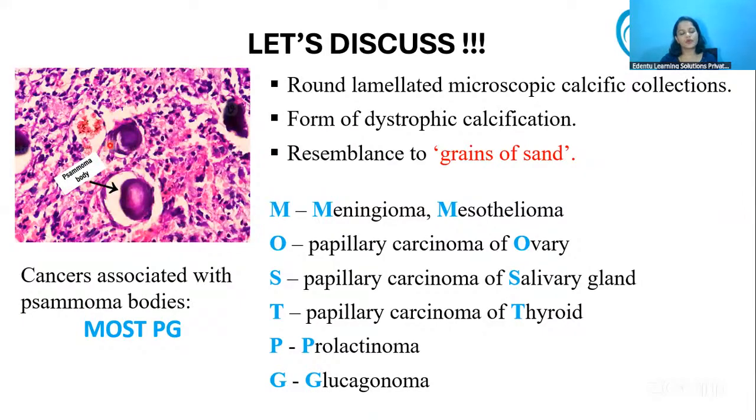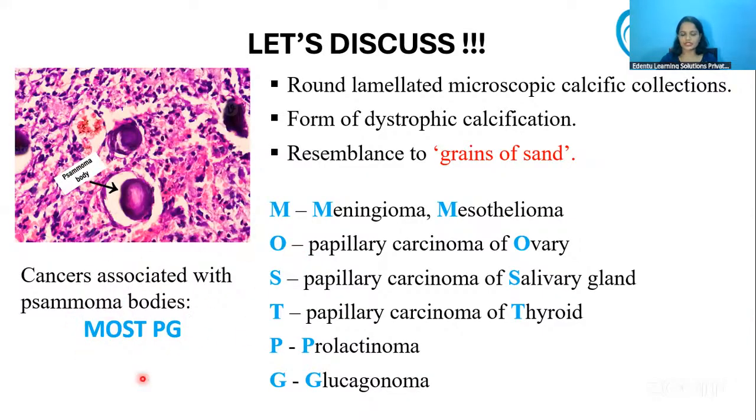Okay, so these psammoma bodies are seen in a lot of pathological conditions, and some of the conditions are given here. There is an easy way to remember the lesions where you see psammoma bodies. Just remember the mnemonic MOST PG.